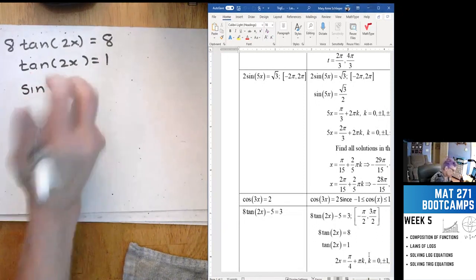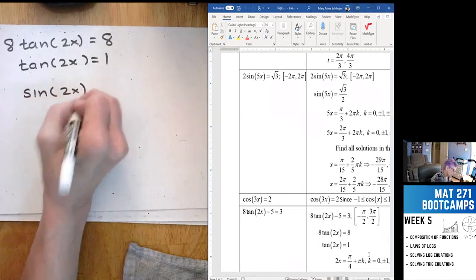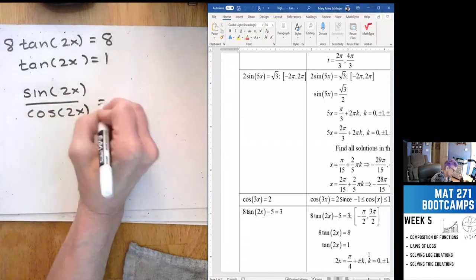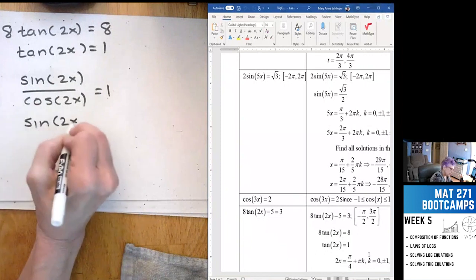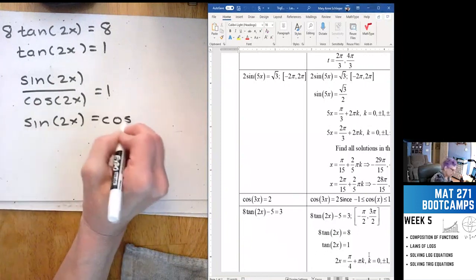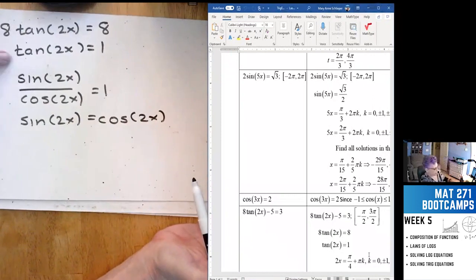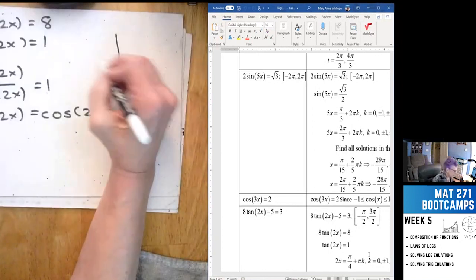It would be where sine of 2x over cosine of 2x is equal to 1. So where is sine equal to cosine? So hopefully you can remember one of these two things.